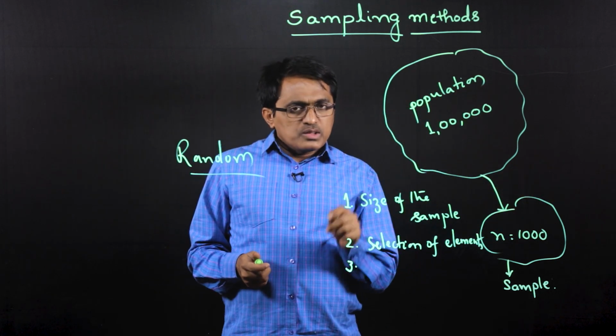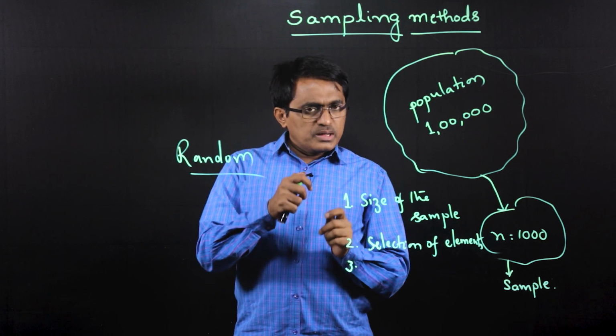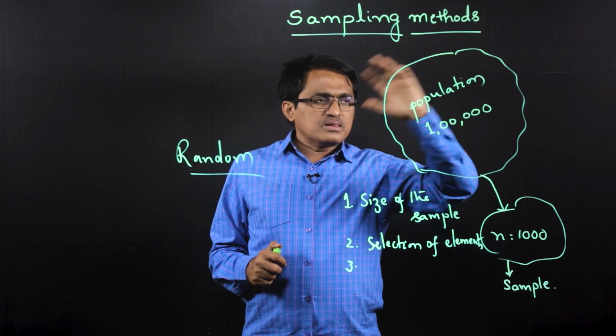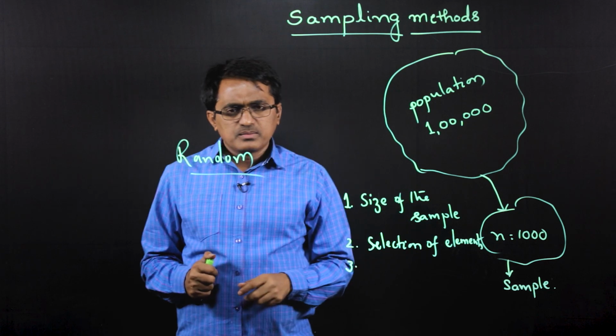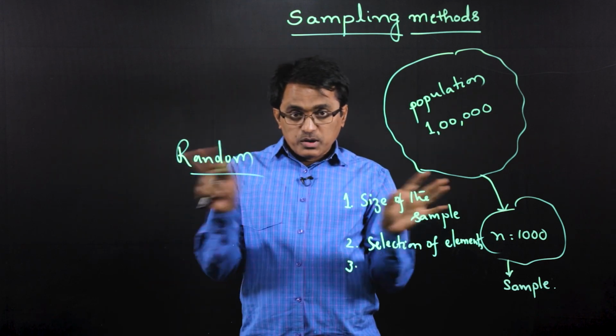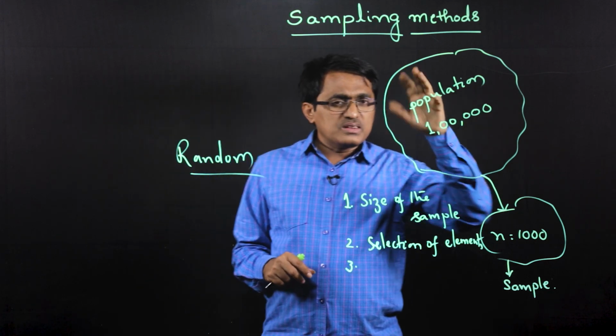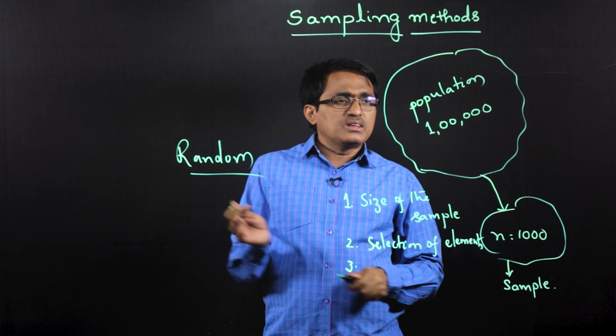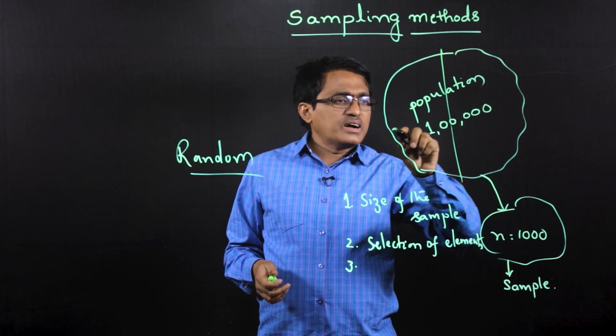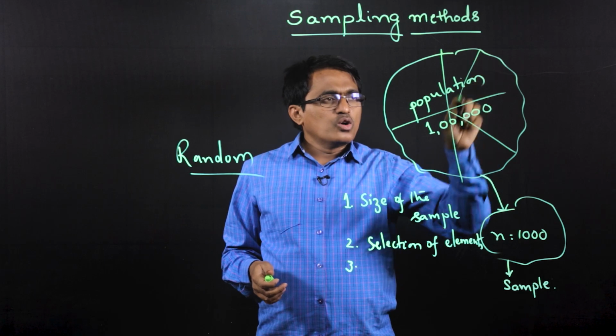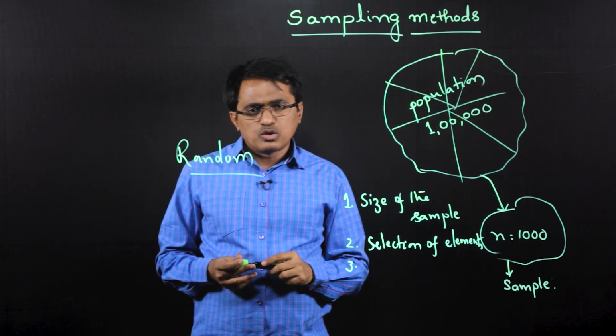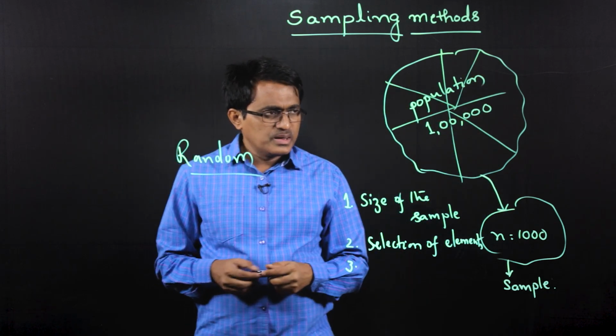So while doing so, we have to be very careful. That is because ours is a diversified society where the population is not uniform. Because the population is heterogeneous, we have to see that the population is divided into various homogeneous entities or homogeneous segments.